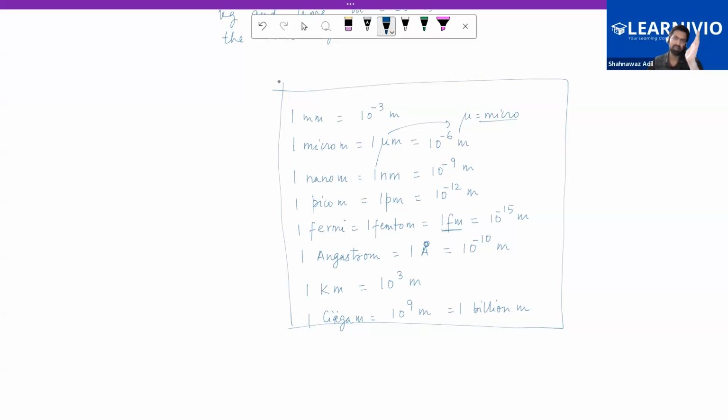I will specifically write all the set of rules that we follow to calculate the number of significant figures.